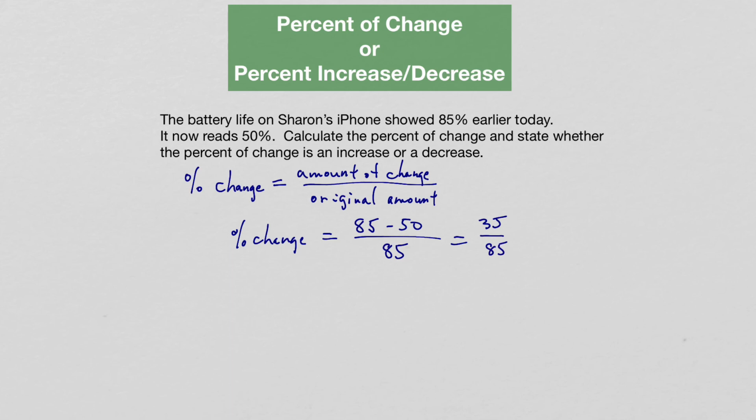And if we calculate this, this comes out to 0.4118. And if we were to translate a decimal into a percentage, this becomes 41, and we're going to round it to the nearest tenth, 41.2%.